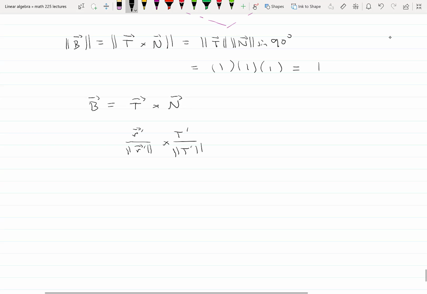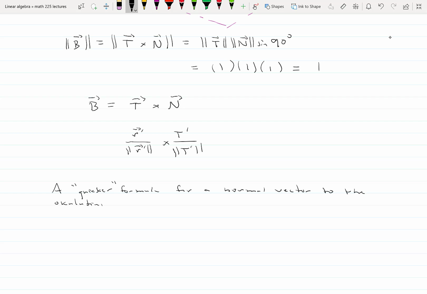So, if I want a quicker formula for a normal vector to the osculating plane, look at the formula for the binormal.